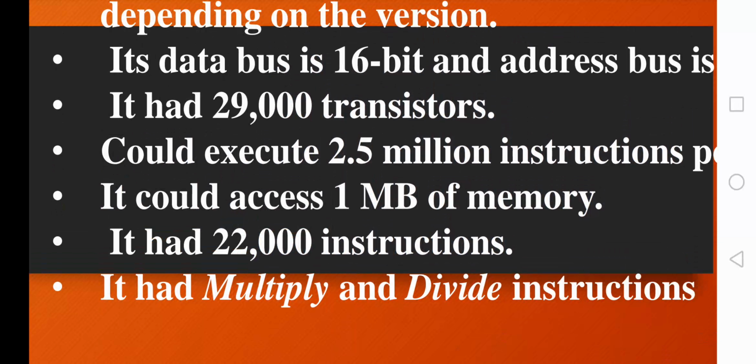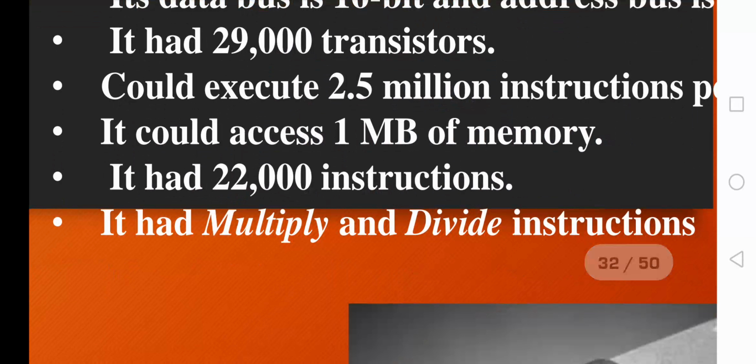From these 22,000 instructions, we will be able to easily find the corresponding instruction that will help us add two numbers. That is, the corresponding instruction is add a comma b, or add ax comma bx. We will be studying that in the upcoming video.